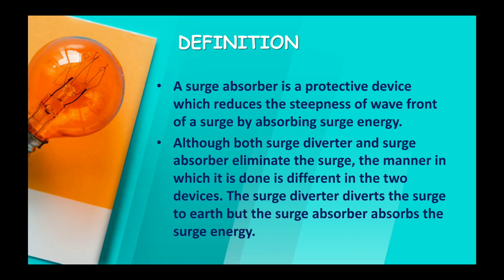Although both surge diverter and surge absorber eliminate the surge, the manner in which it is done is different in the two devices. The surge diverter diverts the surge to earth, but the surge absorber absorbs the surge energy and reduces the steepness of the surge or of the reflecting wave.